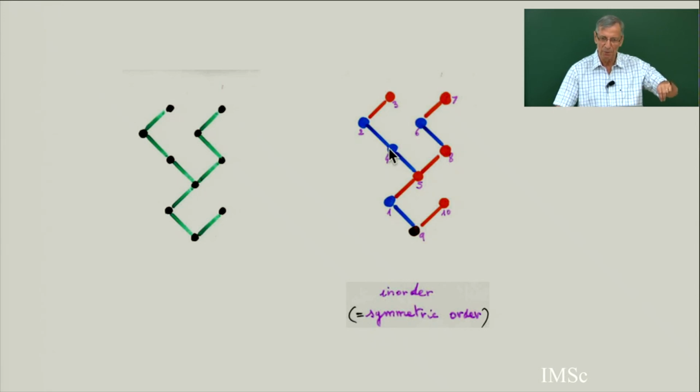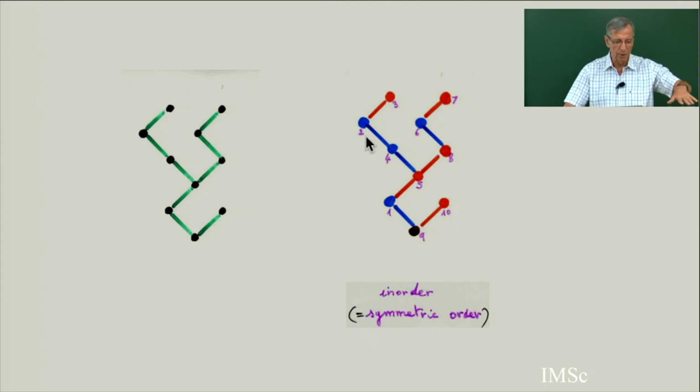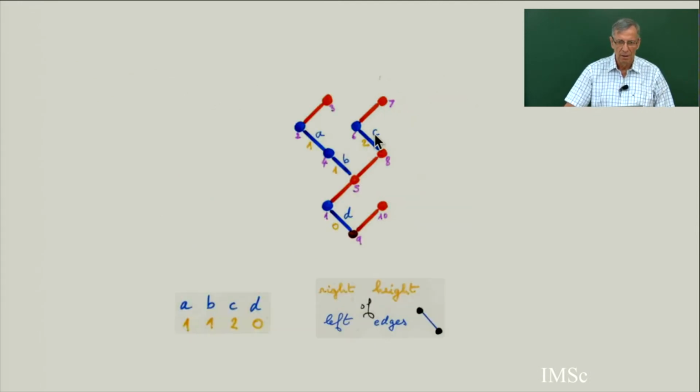I have four vertices; I take the induced symmetric order, and this gives me an order on the blue edges. This is the first one, A, the second blue edge B, the third blue edge C, and then the last one, D. So this gives me A, B, C, D, a certain order on blue.